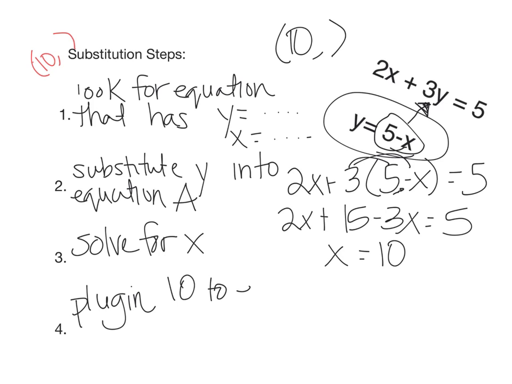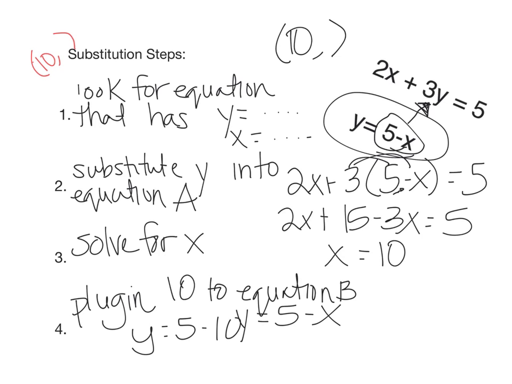I'm going to call that equation B, y equals 5 minus x. So what is y equals 5 minus 10? What's y? Negative 5.